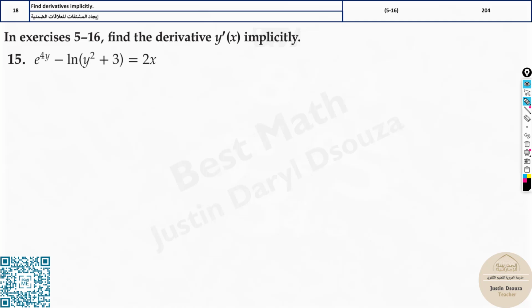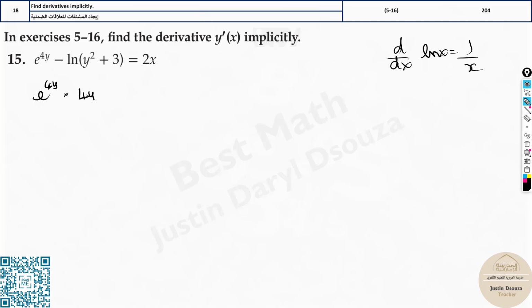Now we have natural logarithm. I hope you remember the derivative of the natural logarithm ln x is 1 by x. Natural logarithm is the actual term. Now let's use the rules. Differentiate both sides. It'll be e to the power 4y. The derivative of e to the power anything is the same term, multiplied by the chain rule.